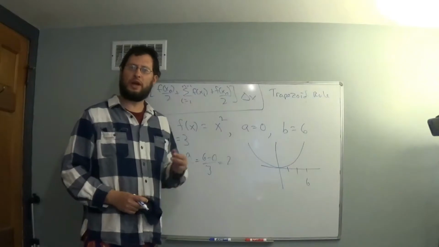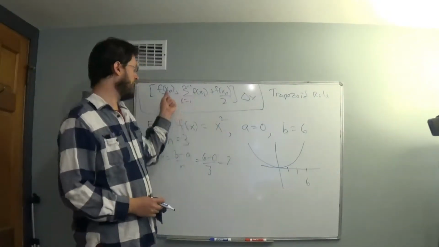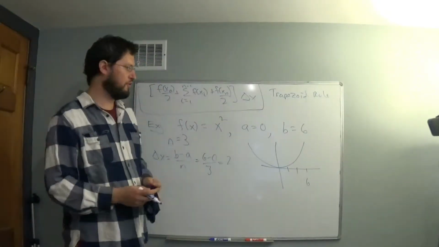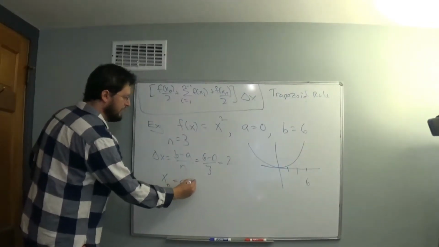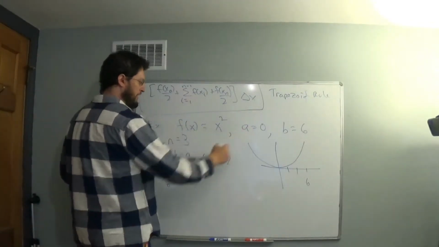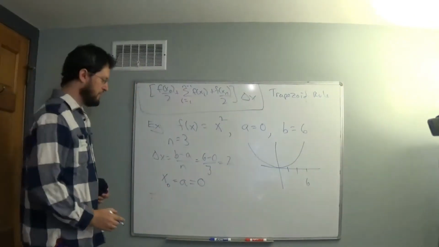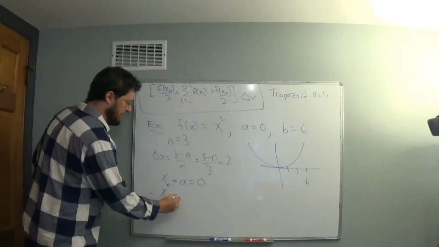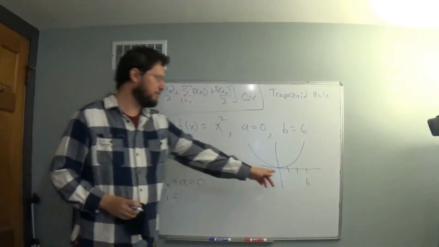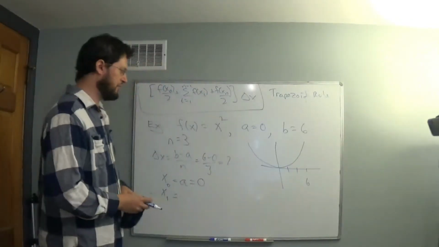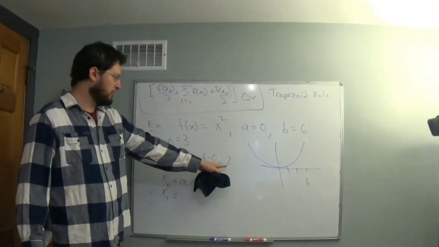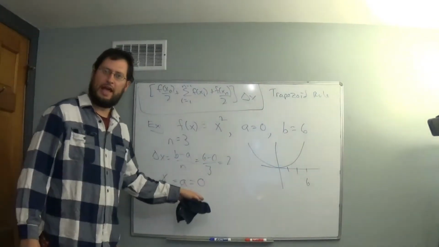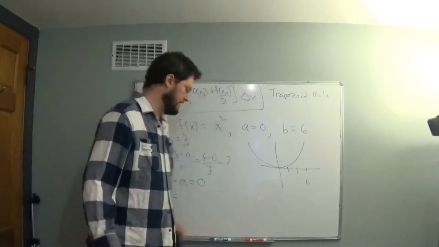The next step is to write out what are the xi's that we'll be using in our formula. x0 is always a, the very first value in our calculation, which is 0. x1 is the next one in our breaking up of the subdivisions, which you're always going to get by just adding delta x. So all we're going to do is start here and add delta x until we get to the end.